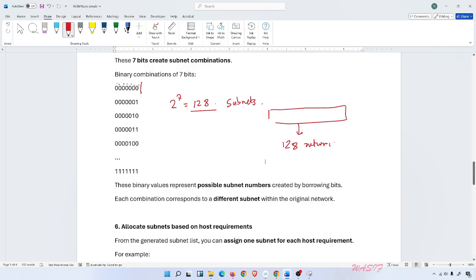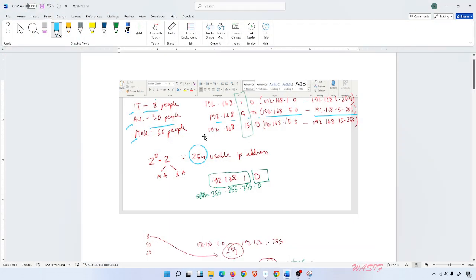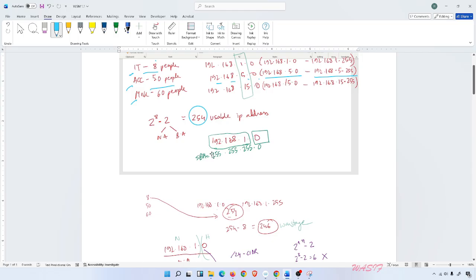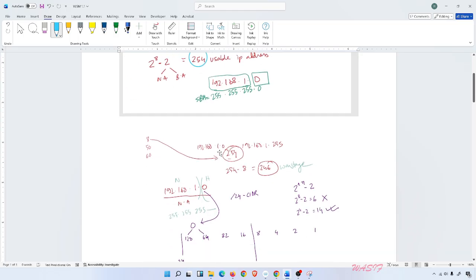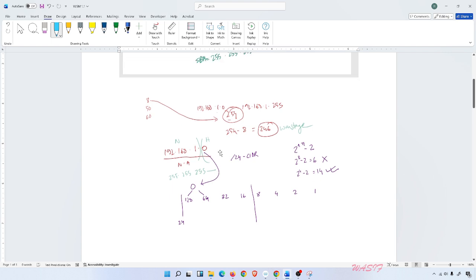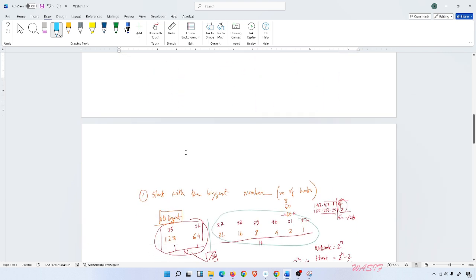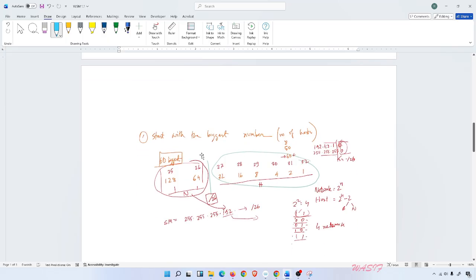Now let us come here and see what we have. Let's say we took 192.168.1.0, and we'll start with the highest number. We have 60, 50, and 8, so we'll start with 60.